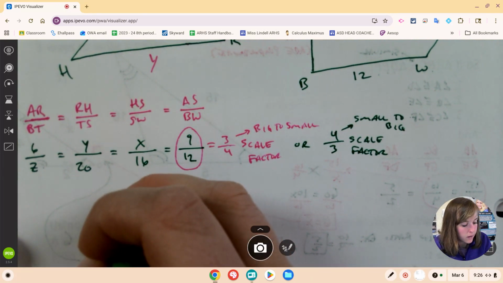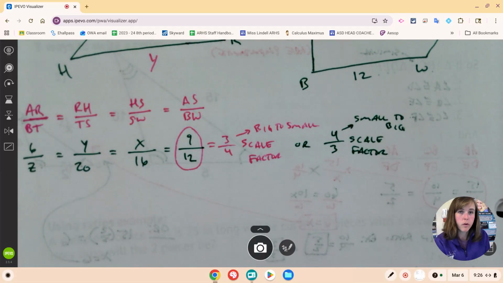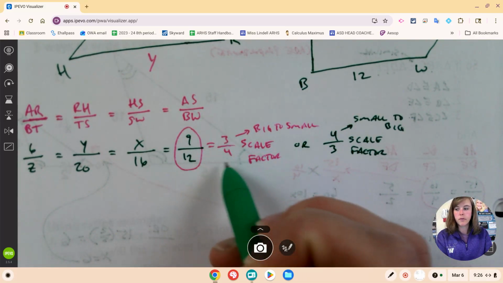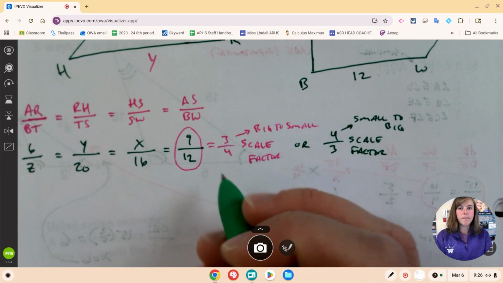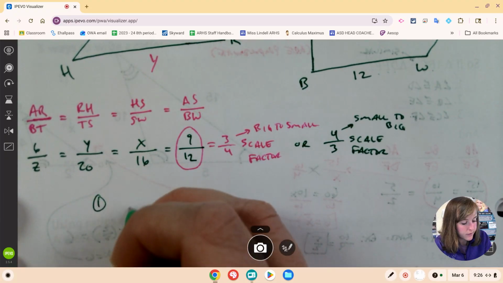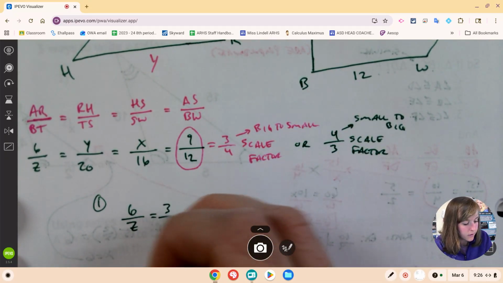So since we've got 3 things that we're trying to solve for, we're going to need to set up 3 equations. And we're going to set them all equal to the scale factor. You could use 9 over 12 if you want to, but you can also just use 3 over 4. So that's what I'm going to use this time. I'm going to take the first one, 6 over Z, and I'm going to equal it to 3 over 4.